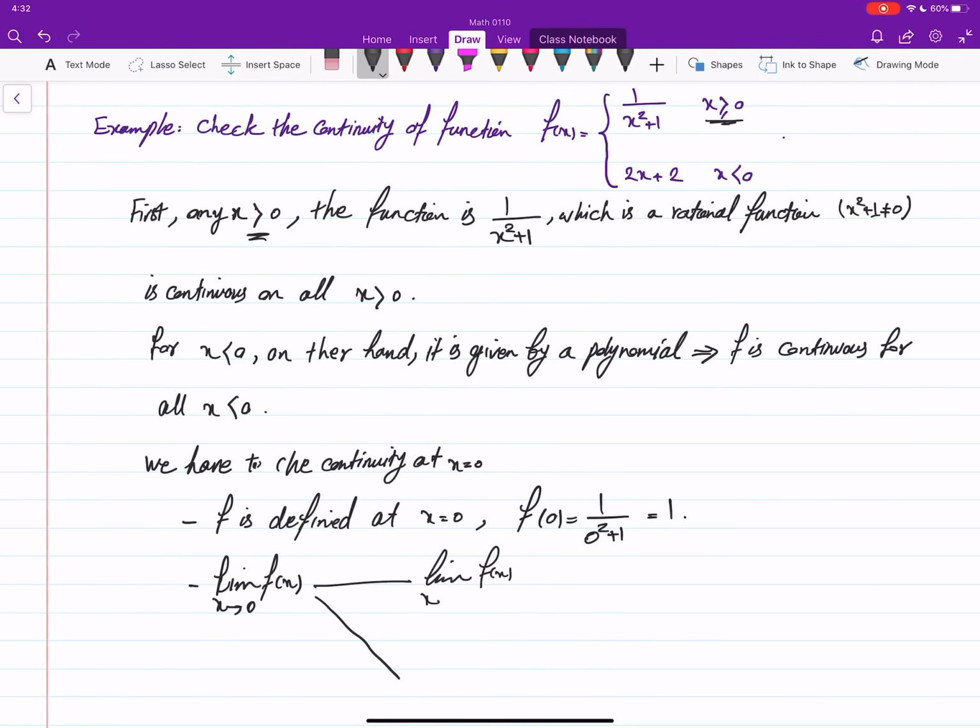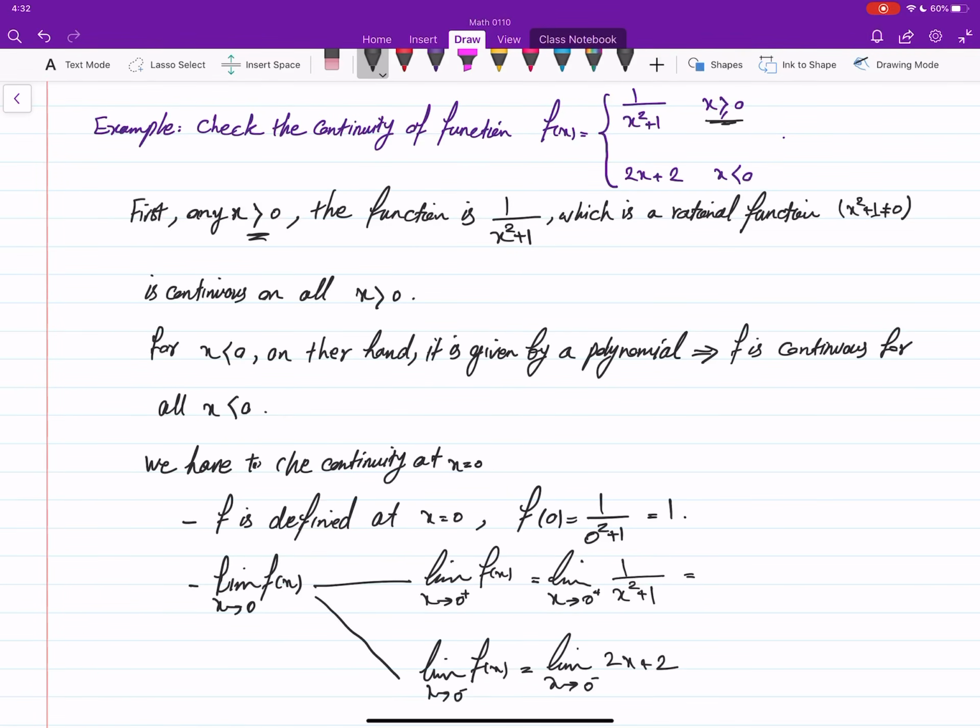So x goes to 0 plus, and limit of f of x as x goes to 0 minus. For x going to 0 plus means that we are using only values bigger than 0. So the function would be of this form. For the other one, the function will be just this one.